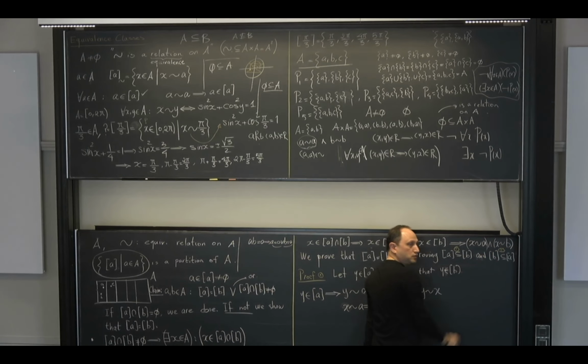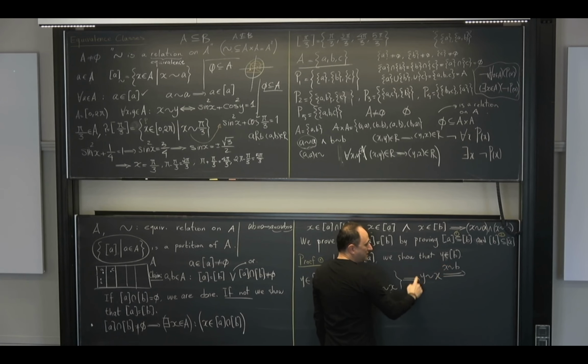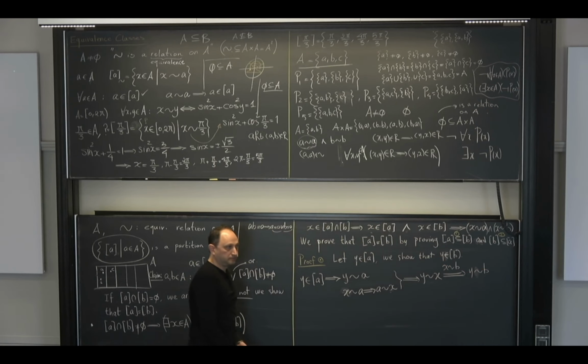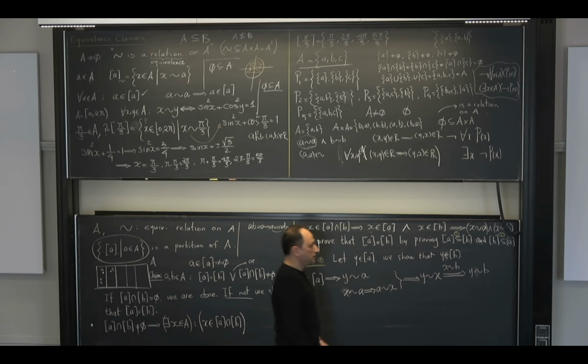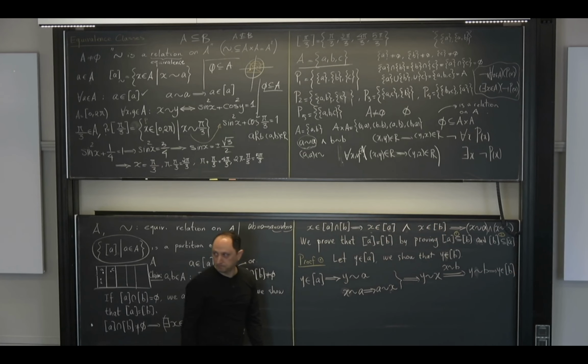X is related to B. So then, because X is related to B, again transitivity will help me to say that Y is related to B as well. Yes? And then what is the meaning of this? It means Y belongs to the class of B because it is related to B.